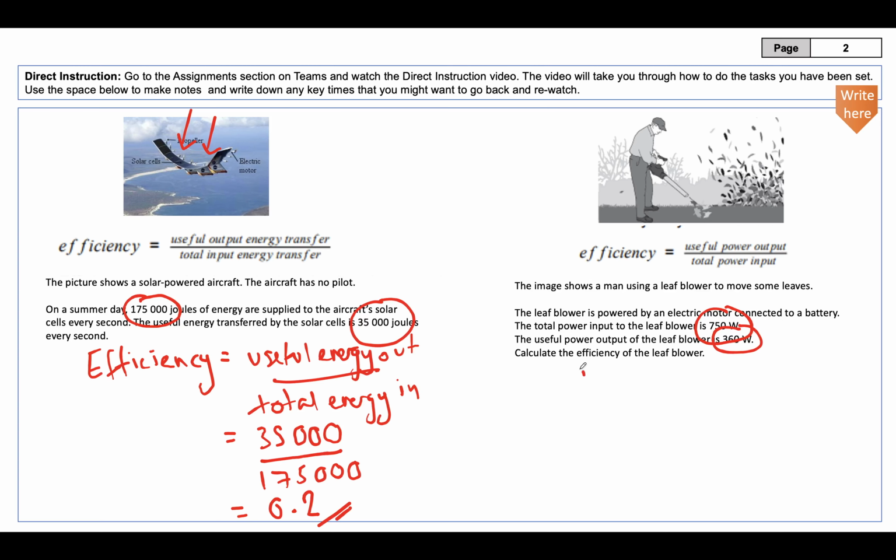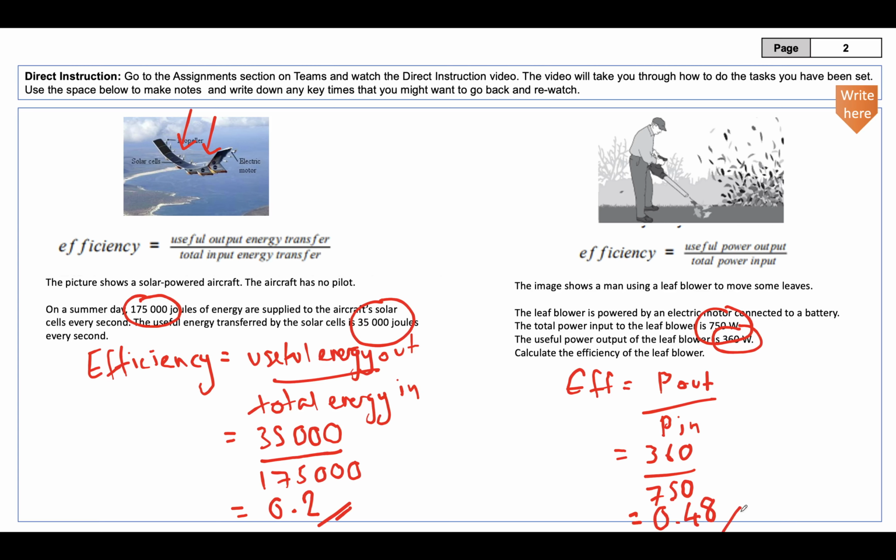So our efficiency equals power out over power in. That is 360 over 750. And that gives us 0.48.